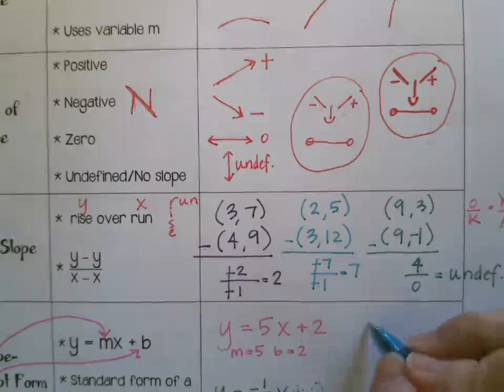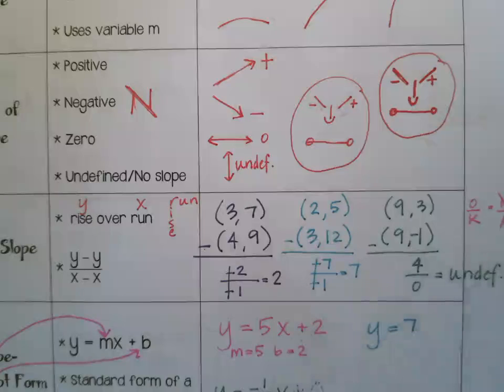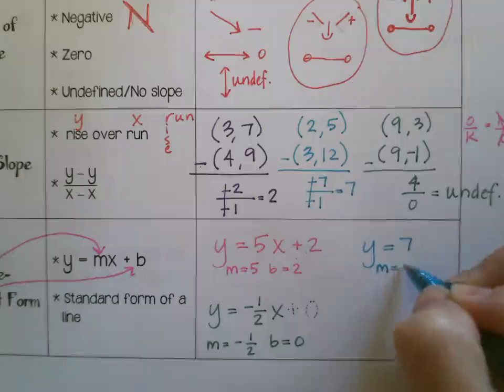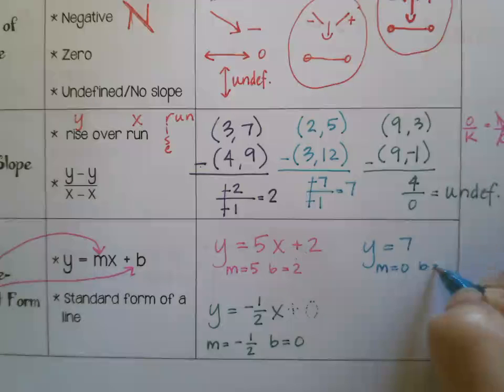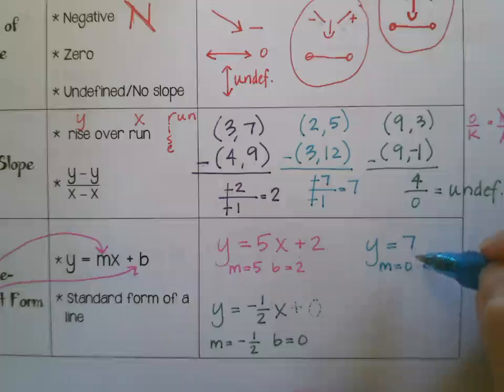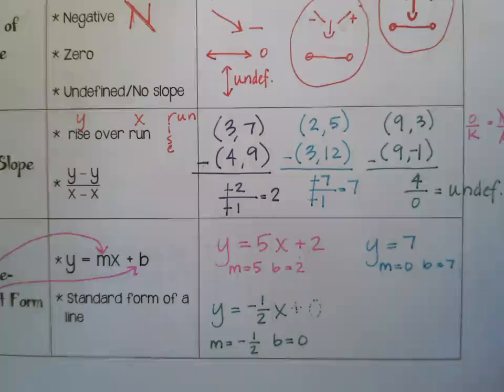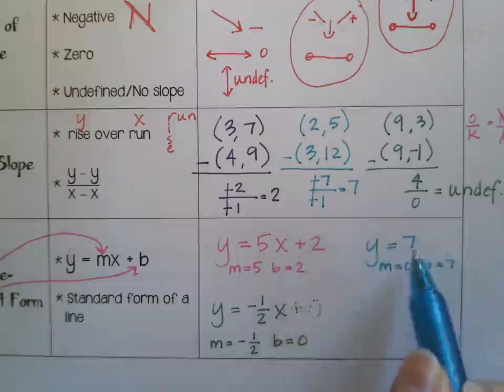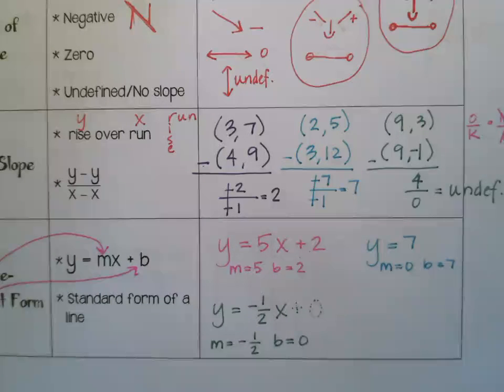All right, if I had y equals 7, I know that for this line, the slope is 0 and the y-intercept is 7. And the reason why I know that is because there's 0x. There's no x in here. So if I have 0x, it's not going to show up, which means that the slope must be 0.